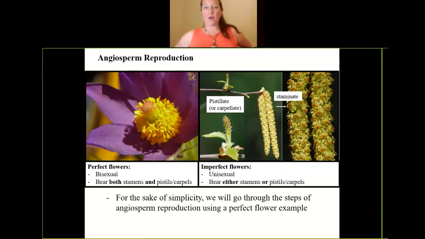So I'm just pointing that out because obviously the alternation of generations will be a little different depending on, meaning you could have one type of flower that has both male and female sex structures on the flower. You could have two separate flowers. For the purposes of our talk today about the alternation of generations, we're going to use an example of it with the perfect flower, just for simplicity.